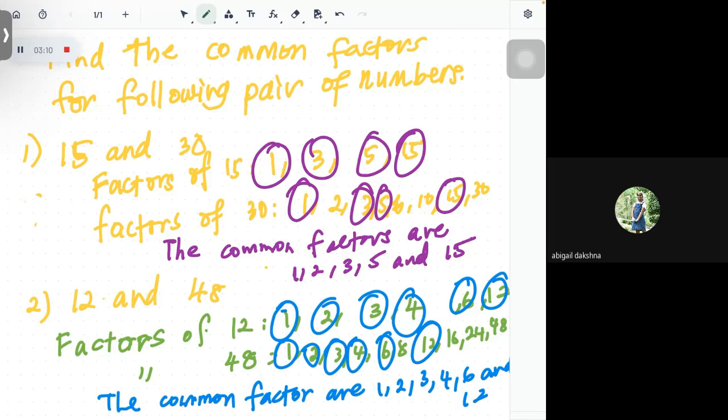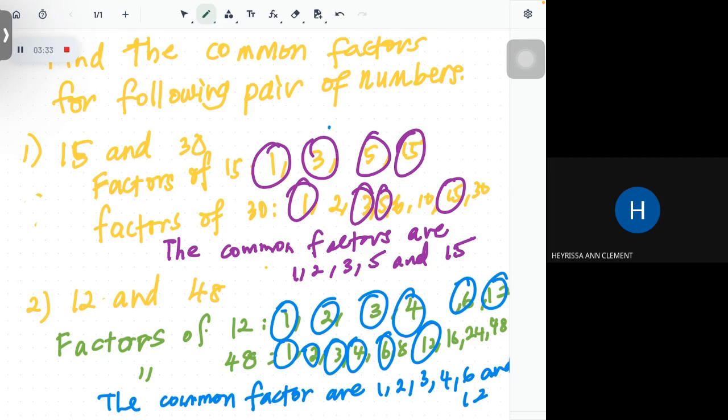Okay, this one is a common factor. Okay, what if they ask for a prime factor? Can you find the prime factors from these numbers? Okay, after you find the factors, you list out the prime factors.